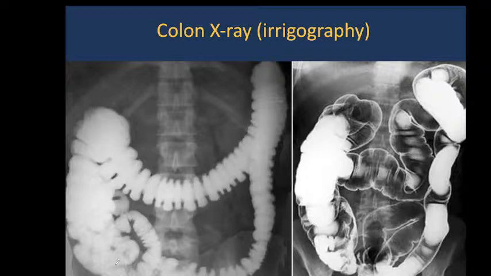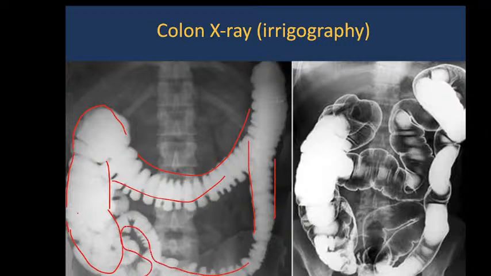Here we see the cecum, the initial part, then colon ascendens, then colon transversum, and colon descendens. The thin part of the colon is the colon sigmoideum.